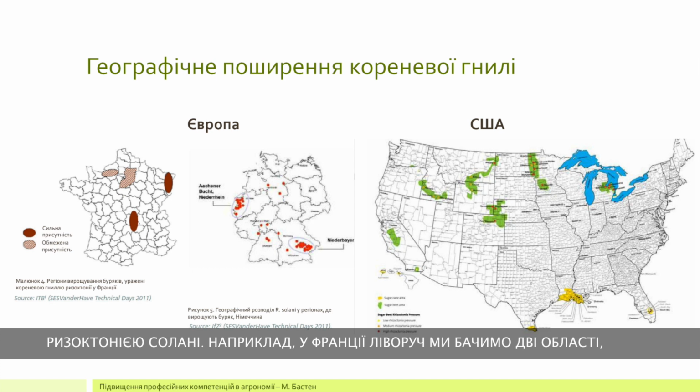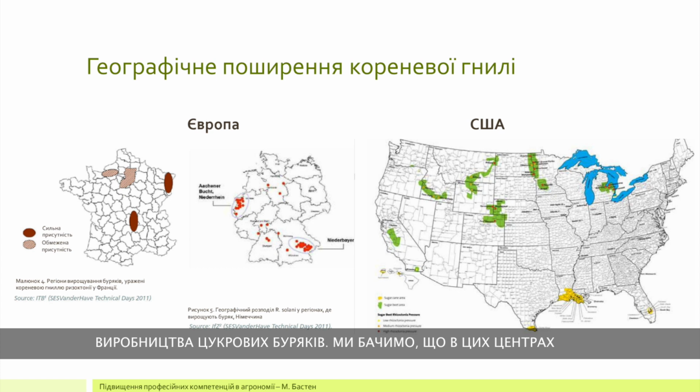So, for instance, in France, on the left side, we see two areas, in the northeast and very much in the center, where the soils and the weather are appropriate for sugar beet production.